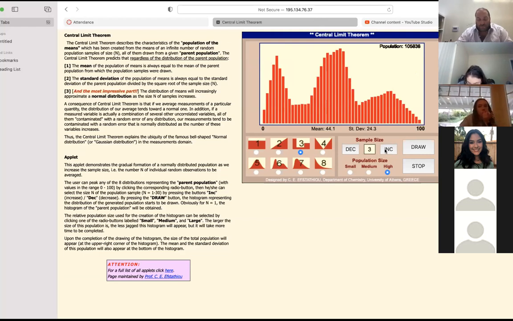Let's go to sample size 3. What should the mean be and what should the deviation be for a sample of size 3? Anyone? So I have 14.02.